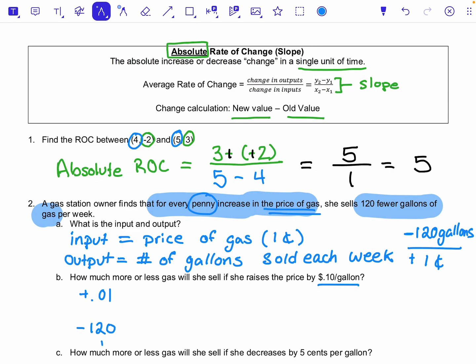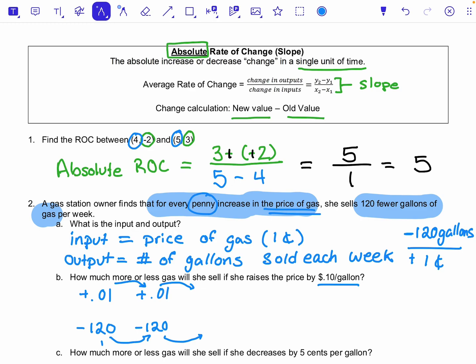Then she raises it another cent. So now she's raised it a total of 2 cents. She's going to sell another 120 less. And so we could keep going with this pattern 10 times, and then add up the total number of gallons.